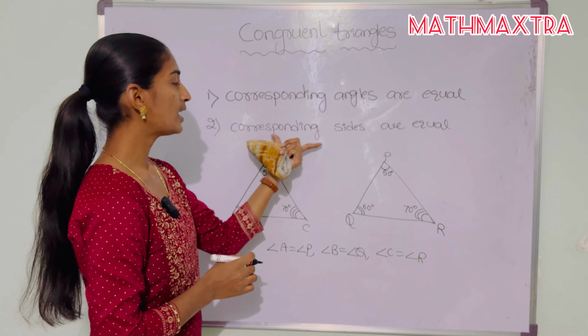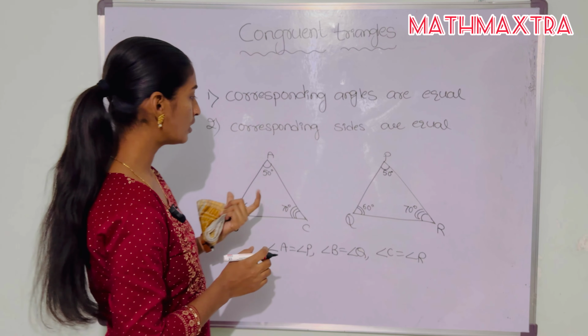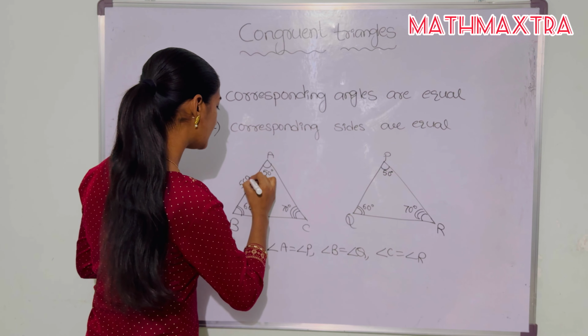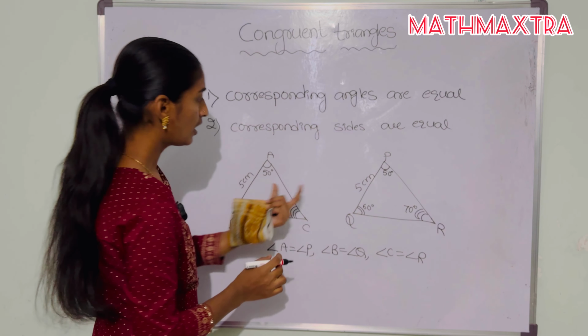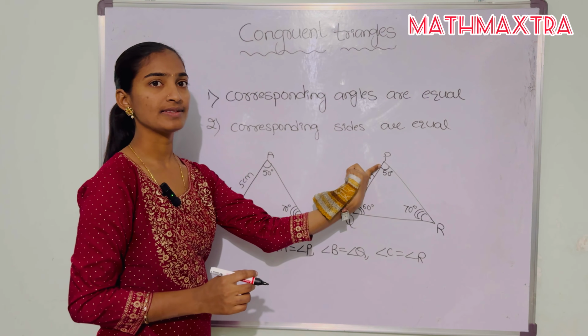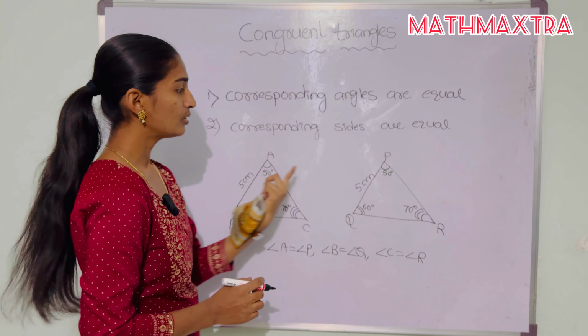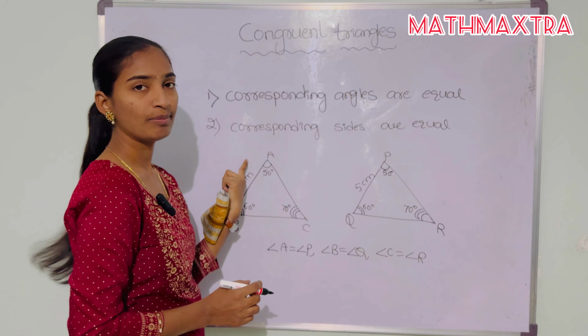Then it also satisfies that corresponding sides are equal. So what are the corresponding sides? If this measures 5 centimeters, this is also 5 centimeters. Now this PQ side is equal to AB in length, so PQ is called the corresponding side of AB.